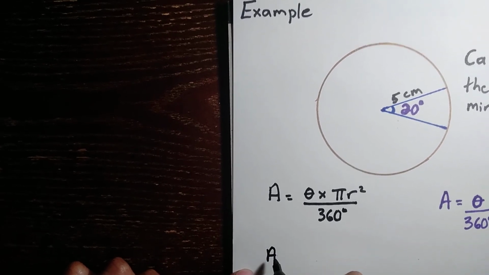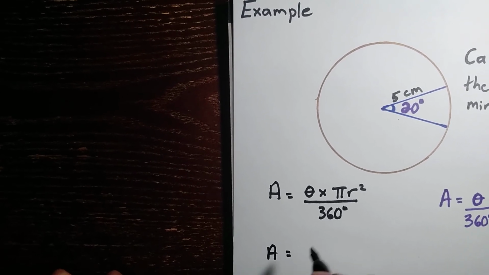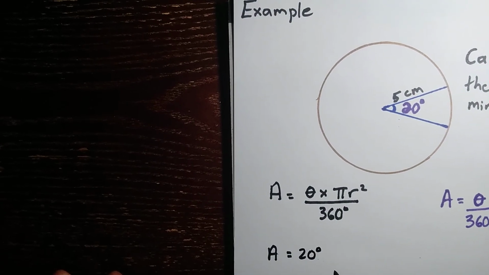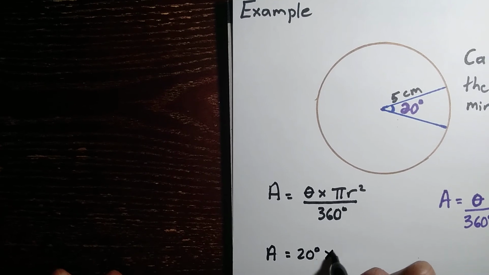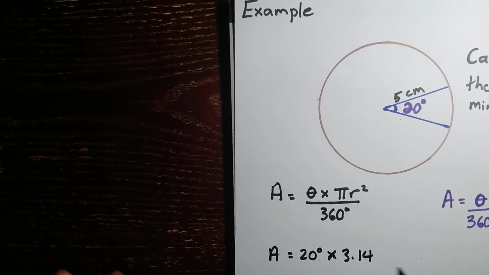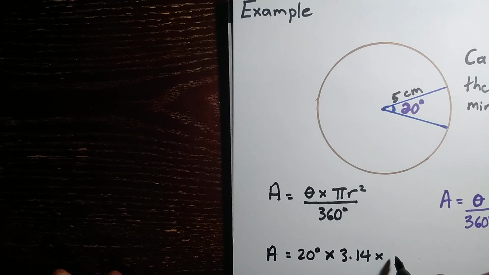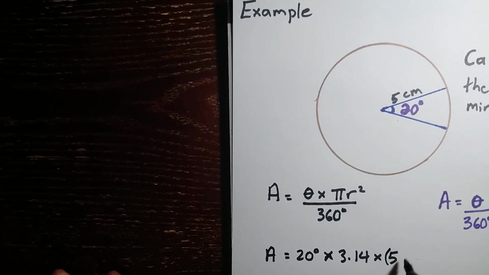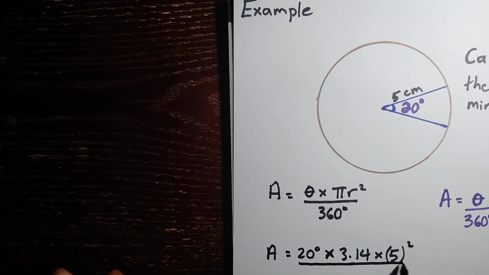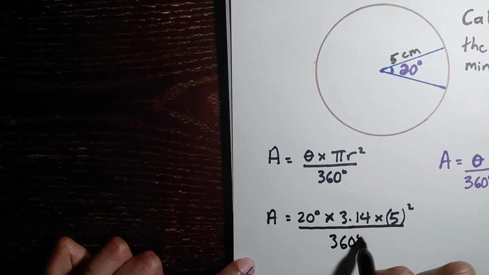So A, which is the area of the sector, is equal to theta, which is 20 degrees, times pi. And we're going to choose pi to be 3.14. And our radius is 5 centimeters, so that is 5 squared. All right. All over 360 degrees.